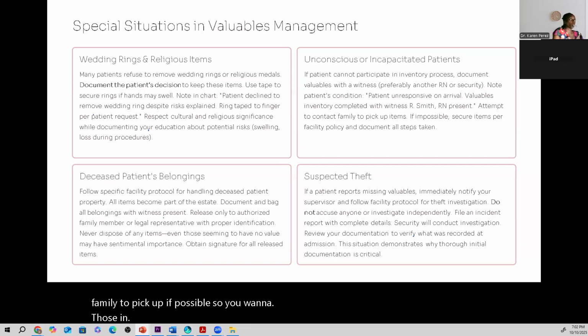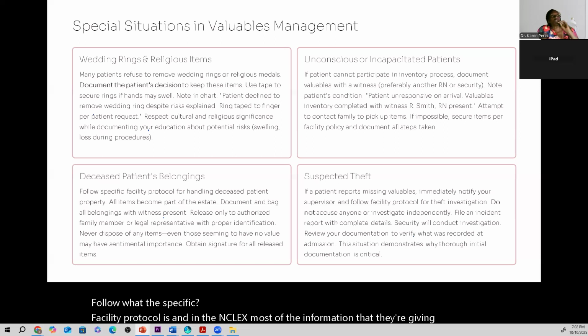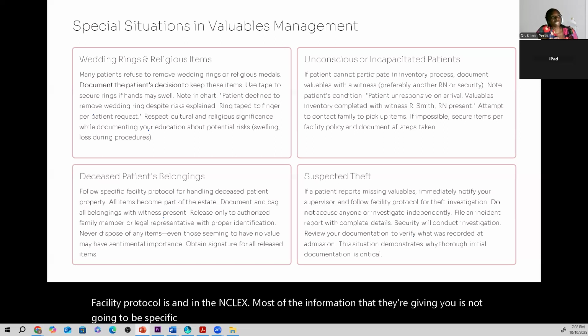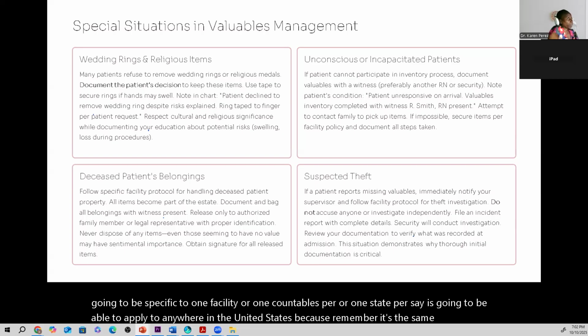What about a patient who is deceased? Follow the specific facility protocol. And in the NCLEX, most of the information they're giving you is not going to be specific to one facility, county, or state. It's going to be applicable anywhere in the United States, because remember, it's the same NCLEX everyone takes.